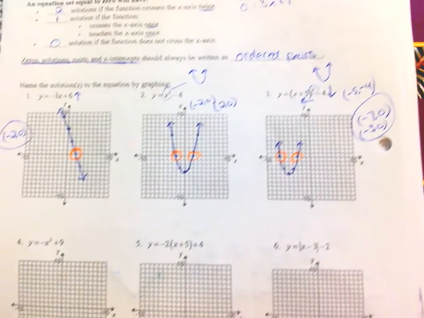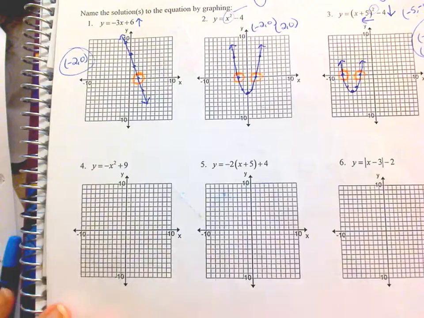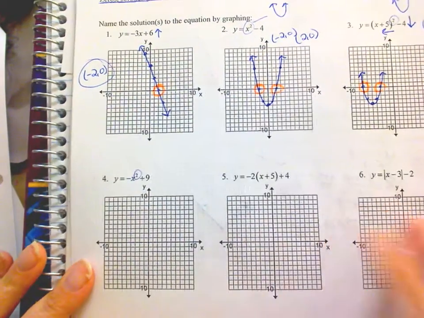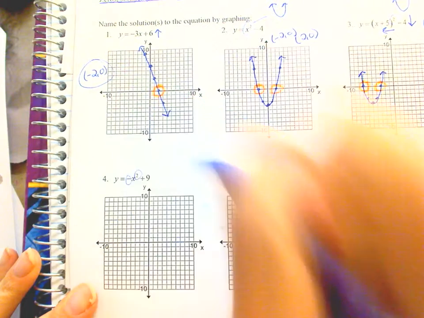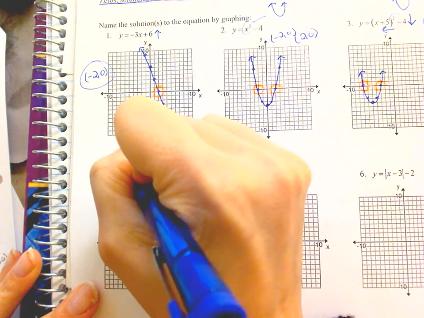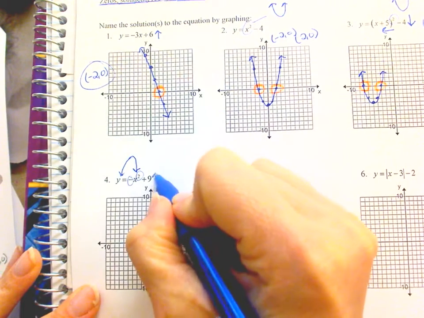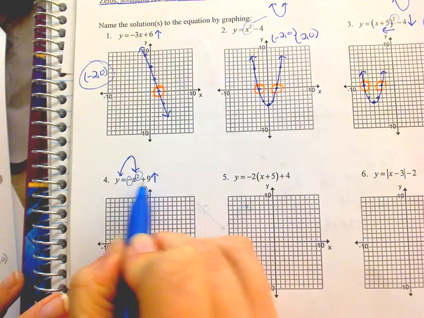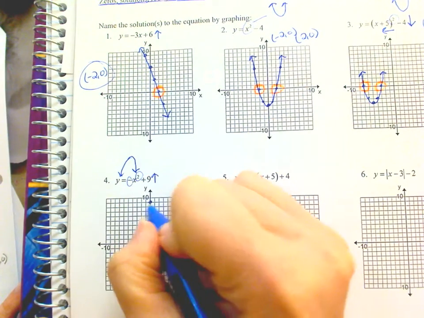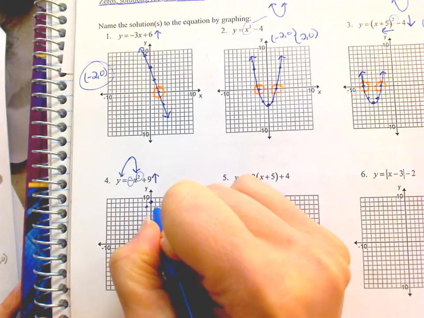All right, zooming down to number 4. Again, we have a squared, so that will make another parabola. However, you have a negative, so that means it is an upside down parabola that starts just up 9. You have no parentheses, so you don't go anywhere left or right. So this time we go down 1, out 1.